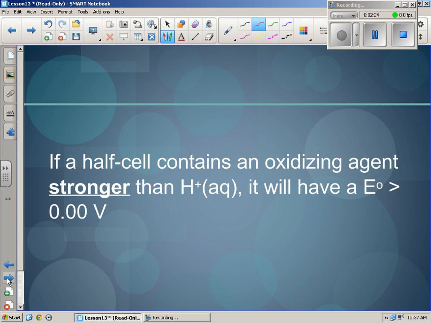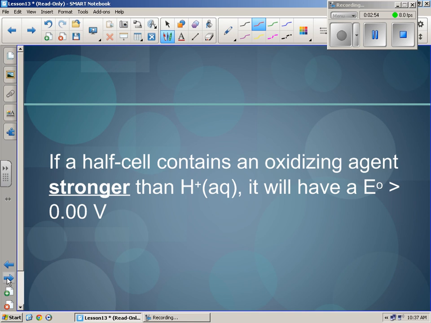So think about that. If the oxidizing agent is stronger than the hydrogen half cell, what does that mean? It's got to be higher, right? In other words, if you take a look at that data booklet again, and you see 0.00 hydrogen half cell, and the oxidizing agent's stronger than this, it's got to be higher than that.